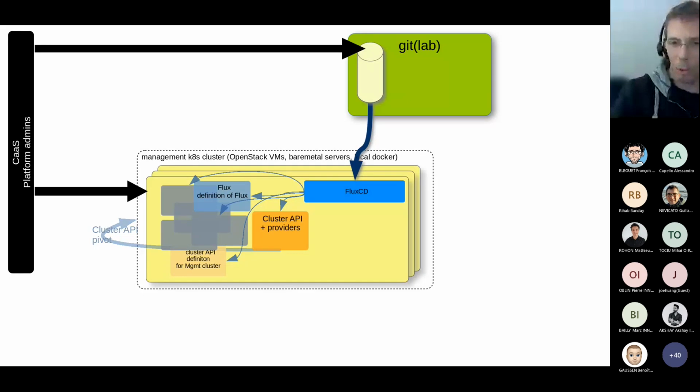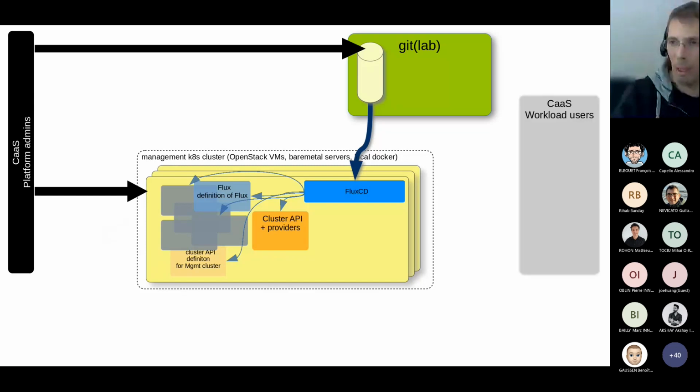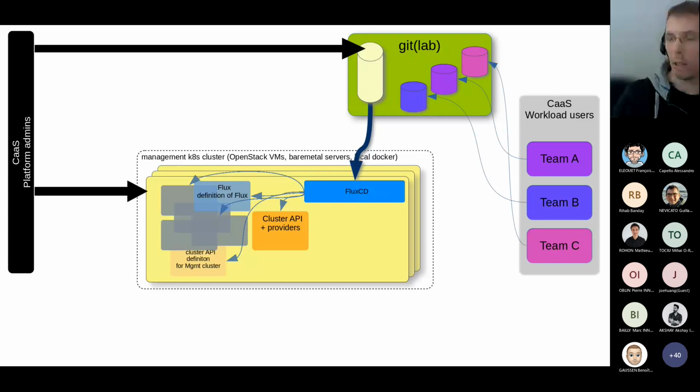So once we have installed all the components in the management cluster, it can start to be used as a CAS platform. And this is a part that in Silva today is not completely finished in terms of defining a workflow and structuring the way the manifests are defined for the workload clusters and the components deployed into them. But we have, let's say, a skeleton in place to show what defining a workload cluster can look like.